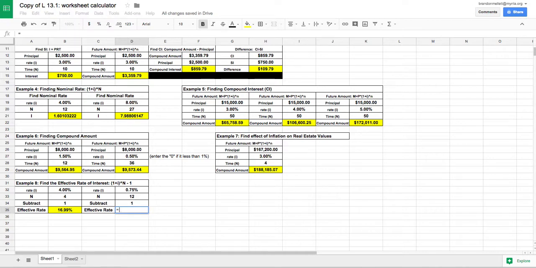We're going to go equals 1 plus I exponent n minus 1. And let me fix this other one here. It didn't seem to do the formula quite right, but let's check it real quick. So that's what the problem is.